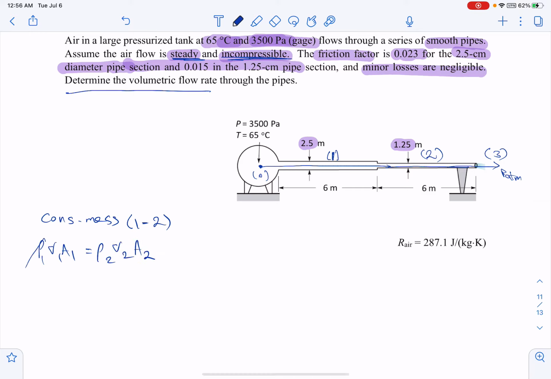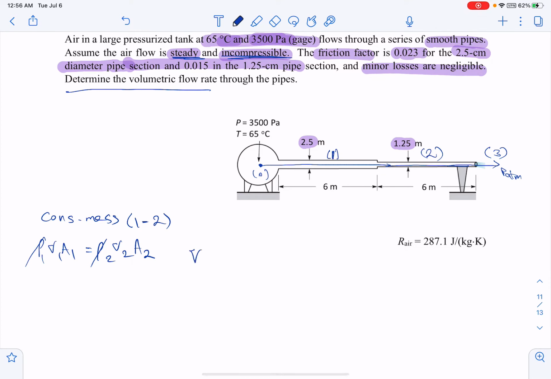The fluid is the same, so the density cancels. V1 is equal to V2 times A2 over A1, and because it's a pipe, A2 over A1 is pi D2 squared over pi D1 squared.